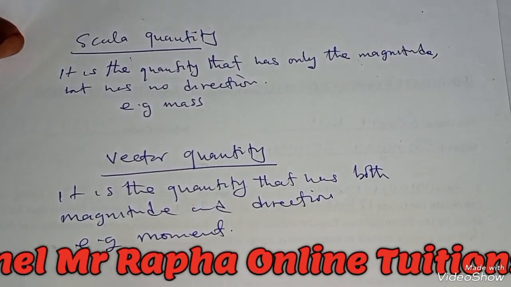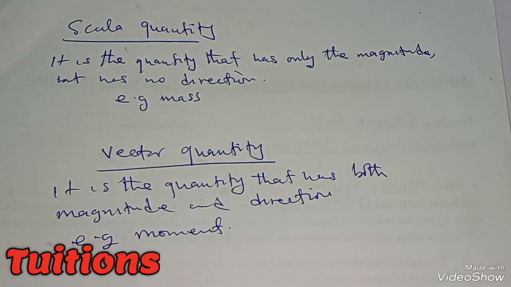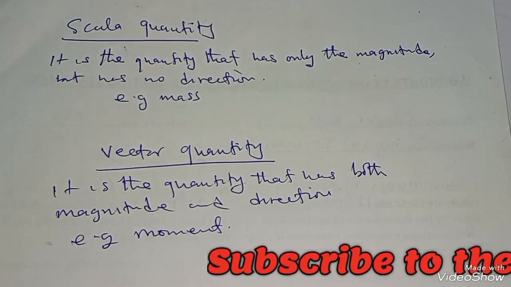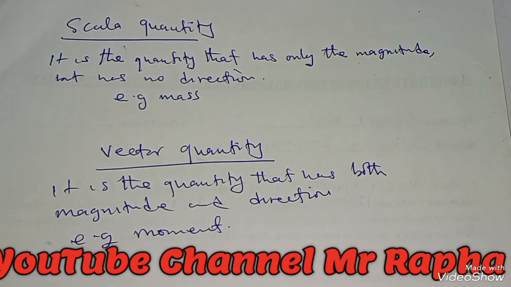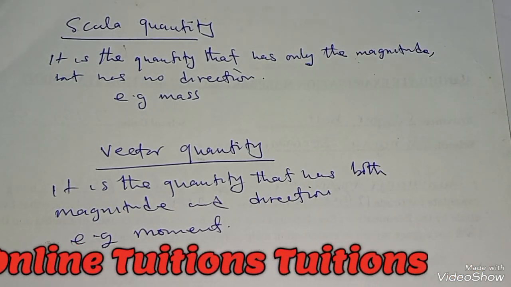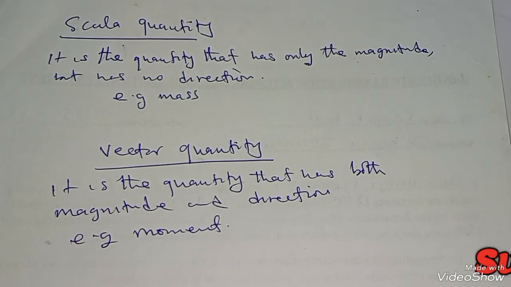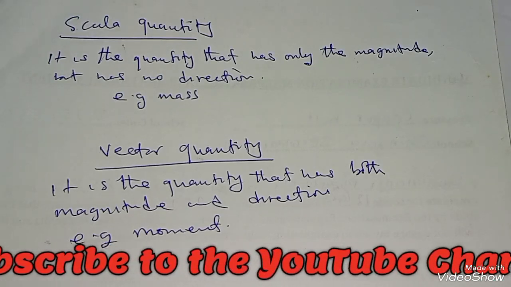A moment is a vector quantity. It has the size and it has a direction. Is it clockwise or anti-clockwise? So what is the reason? Because it has the magnitude and the direction.